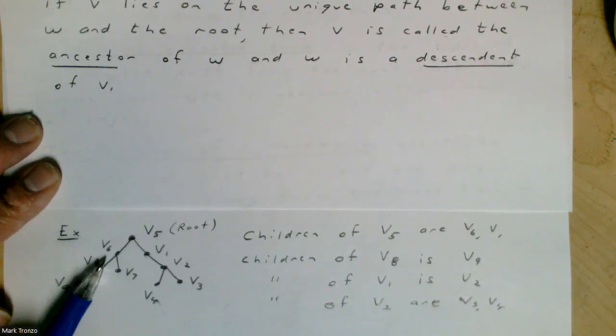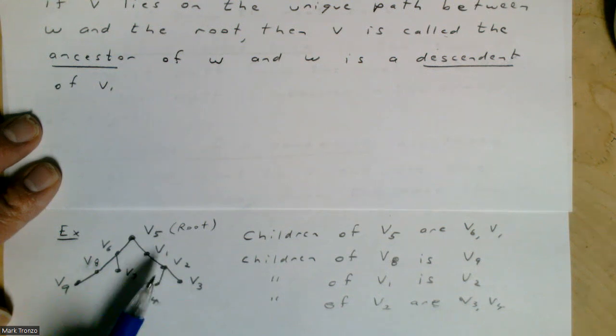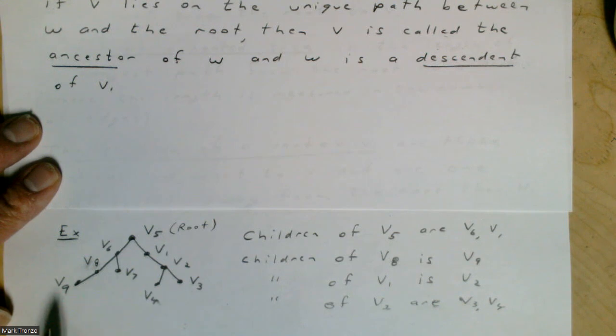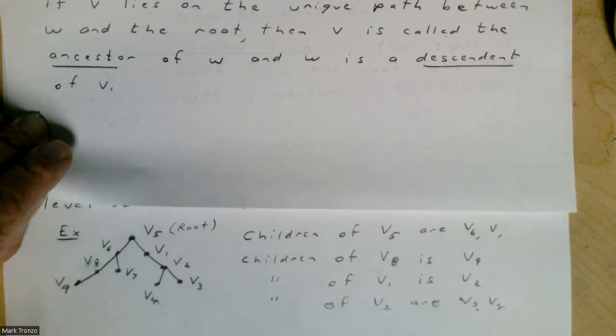Same thing over here: V6 is an ancestor of V9, V8, V7, and V9, V8, V7 are descendants of V6. You can even go farther down: V8 is an ancestor of V9, and V2 is the ancestor of V3 and V4. And so that's the definition of ancestor and descendant.